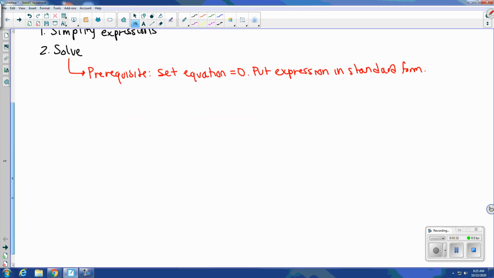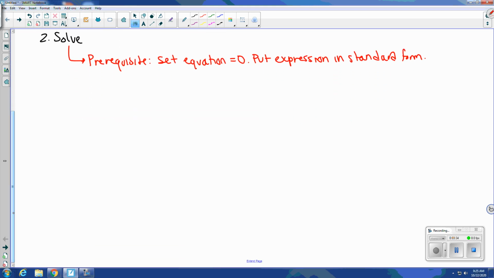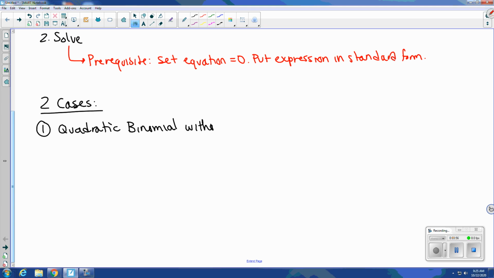Now, we've established the use of factoring. We are going to look at two different cases and how to handle each one. The first case is if you are presented with a quadratic binomial without the C term.